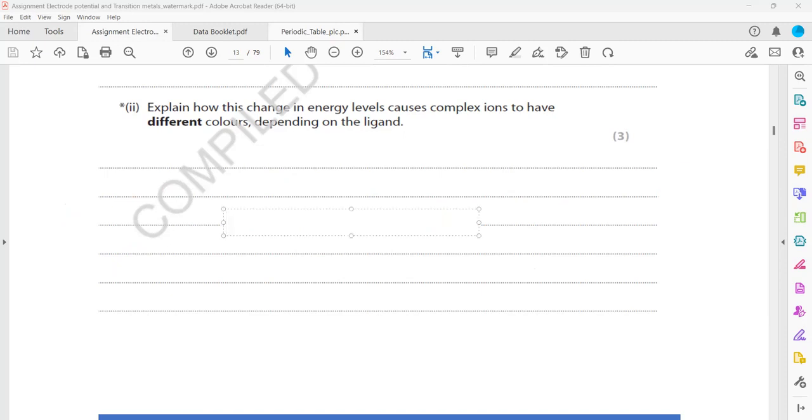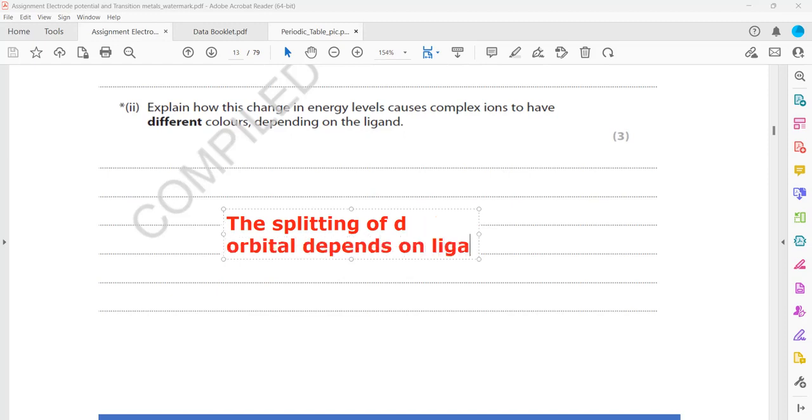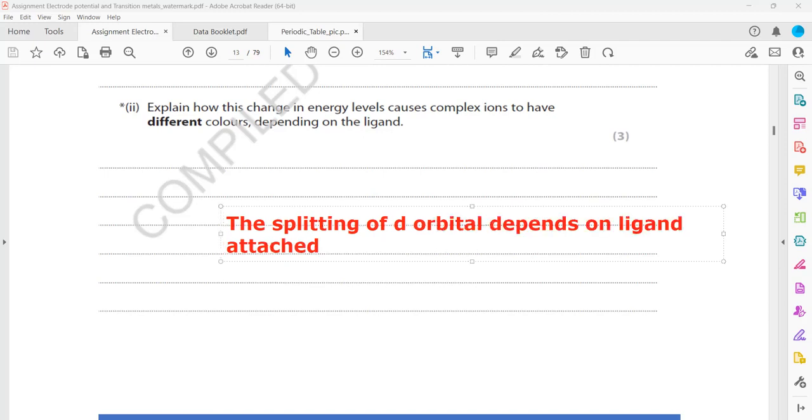The gap between the d orbitals depends on the ligands attached, and as a result the gap will be different for different ligands.